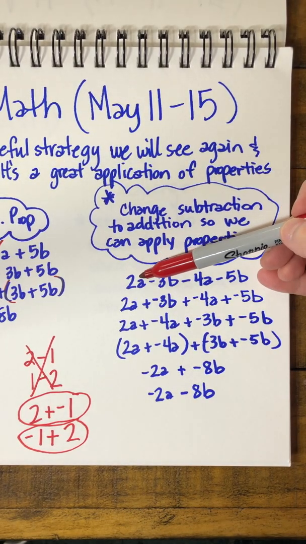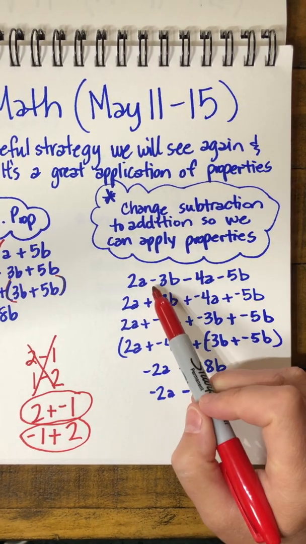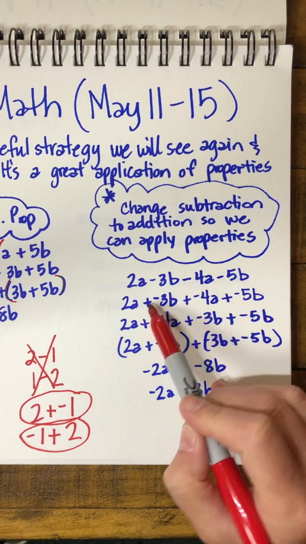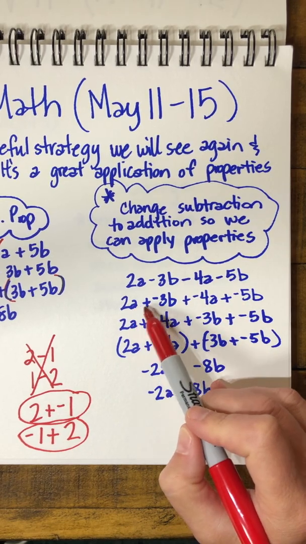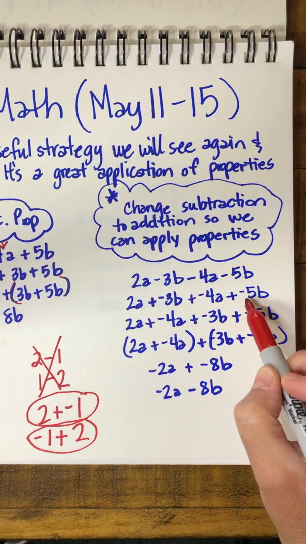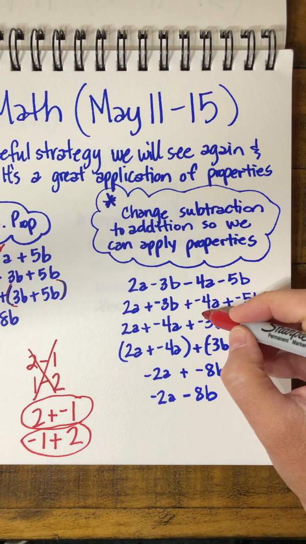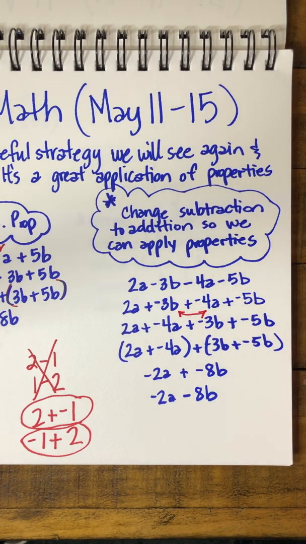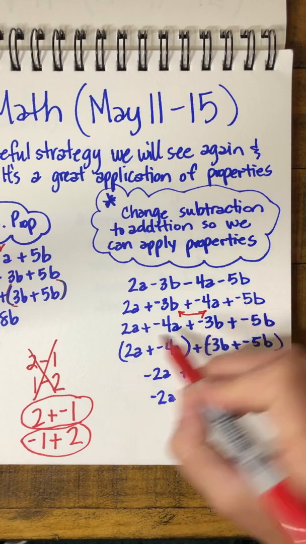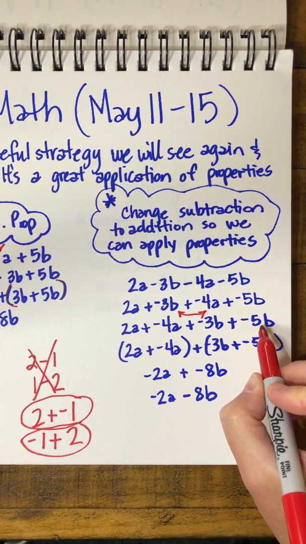So if we have something like 2a minus 3b minus 4a minus 5b, we're going to change all those subtractions to adding a negative. So we end up with 2a plus negative 3b plus negative 4a plus negative 5b. Then we're going to commute the negative 3b and the negative 4a so that we're left with 2a plus negative 4a plus negative 3b plus negative 5b.